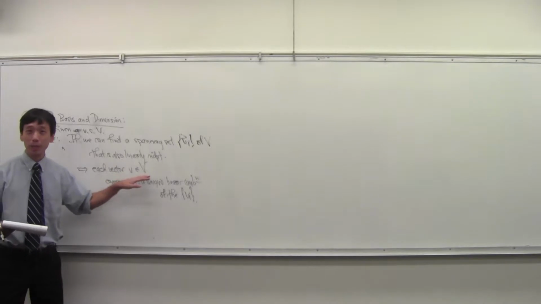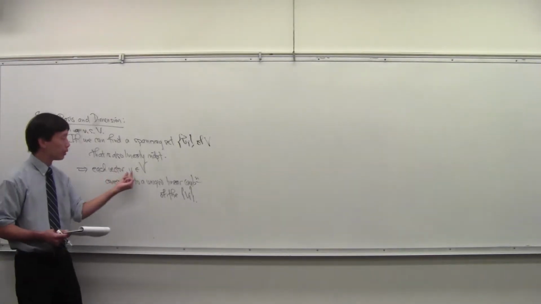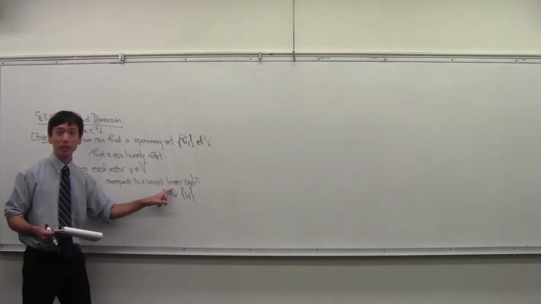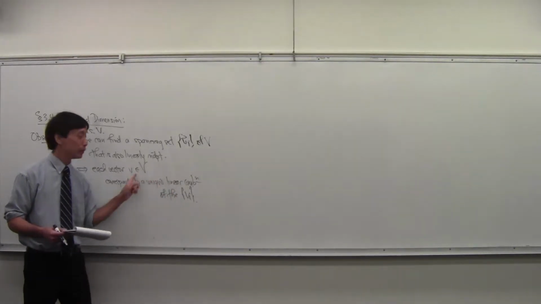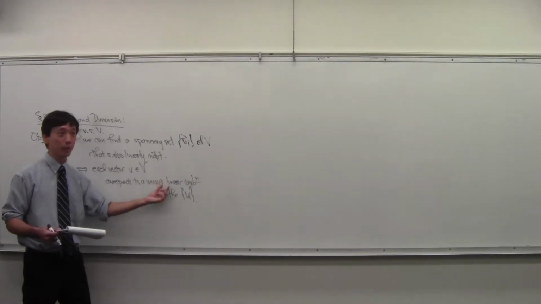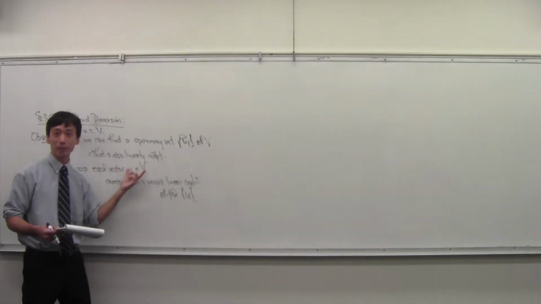Well, what would be good about that is that then you can associate to each vector the coefficients of that linear combination, right? You can associate to each vector a set of unique coefficients, and those are like a coordinate system for your abstract vector space.